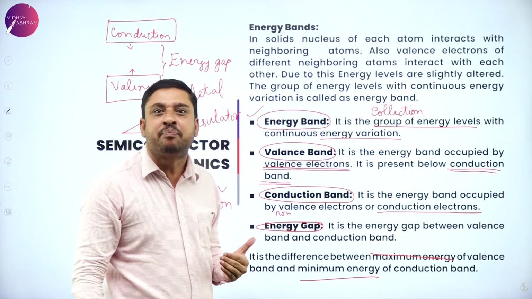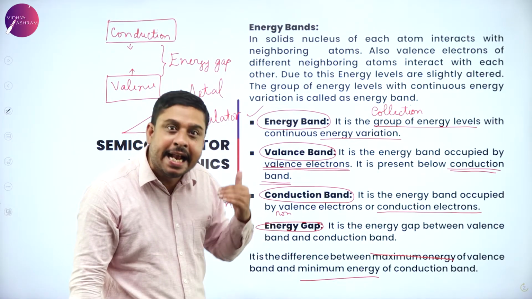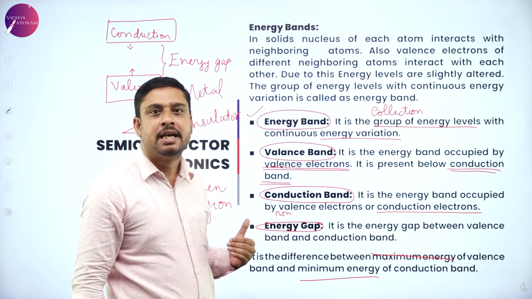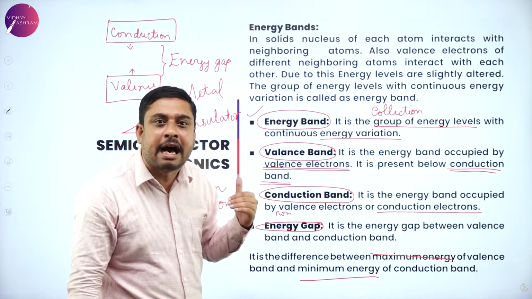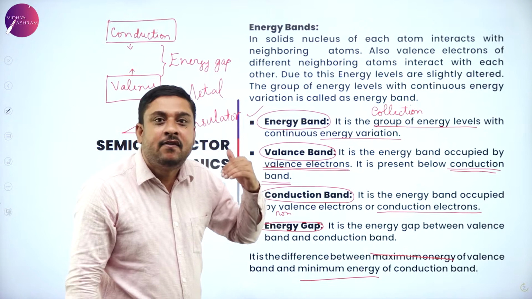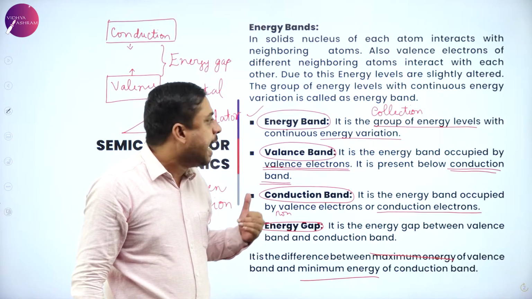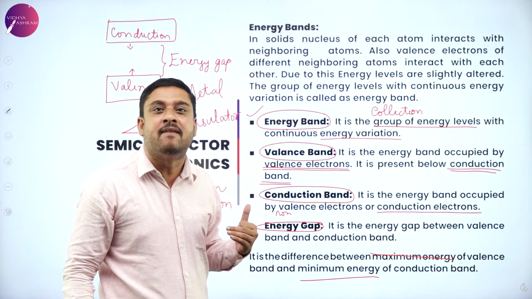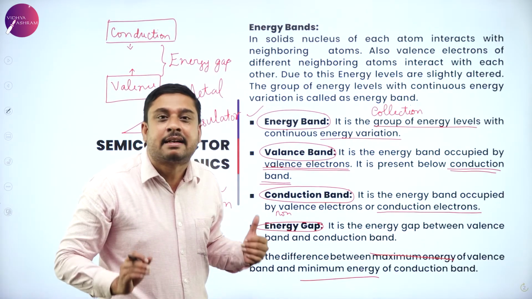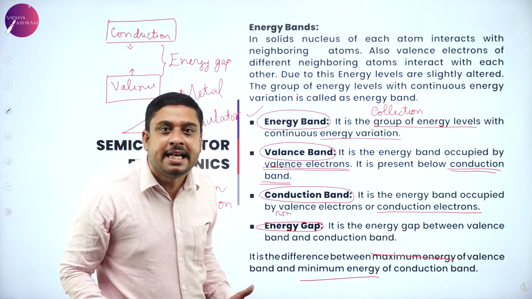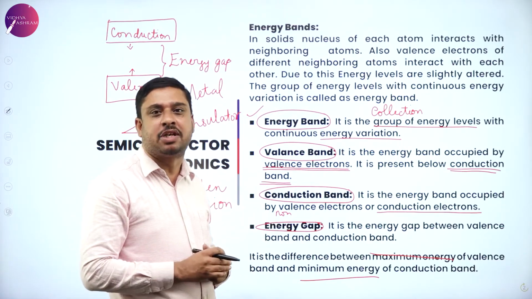So we have something called an energy band. It is a collection of various energy levels, and these energy levels create continuous energy variation.